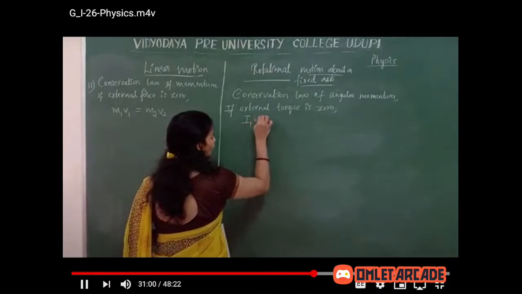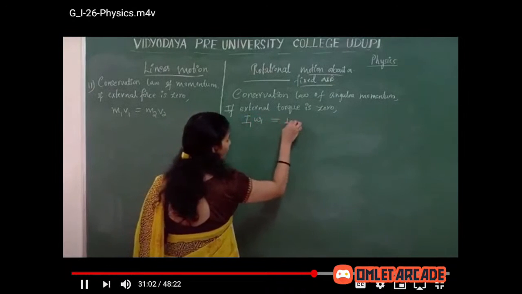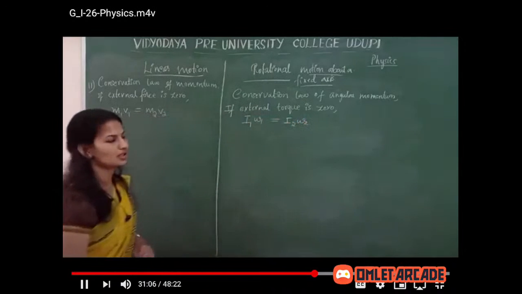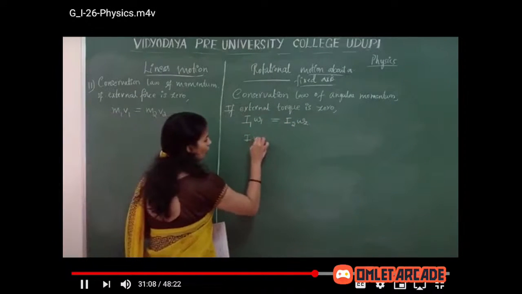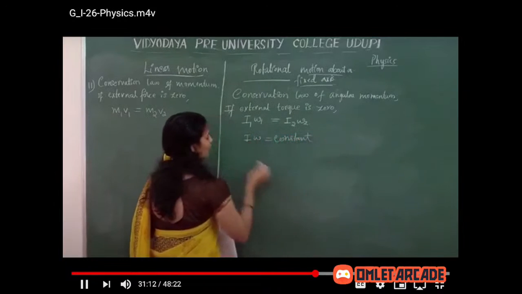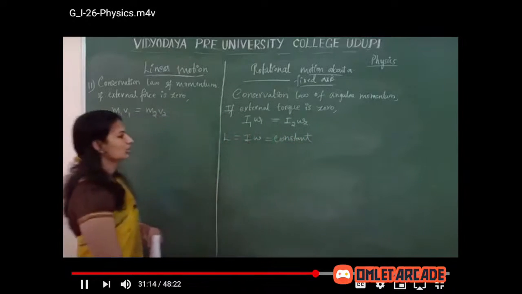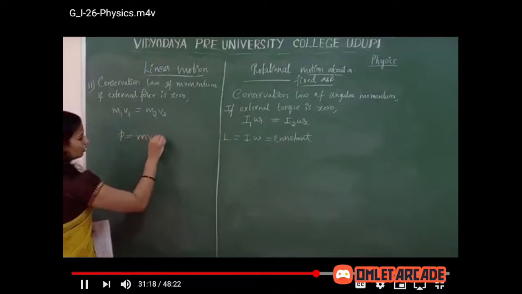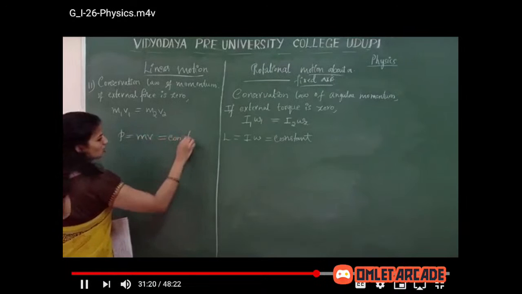We can write I1 omega 1 that is equal to I2 omega 2. Right? Or else we can write I omega equal to a constant.